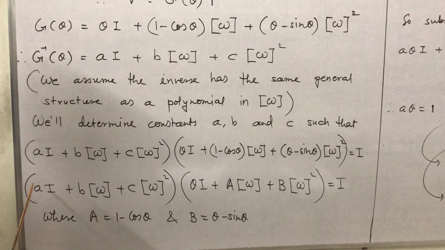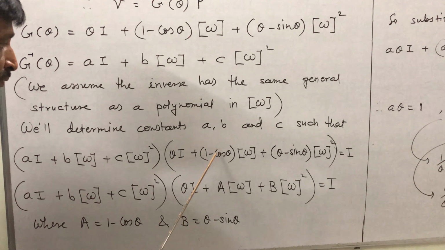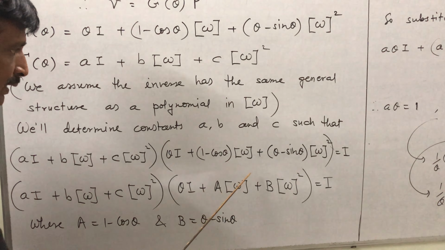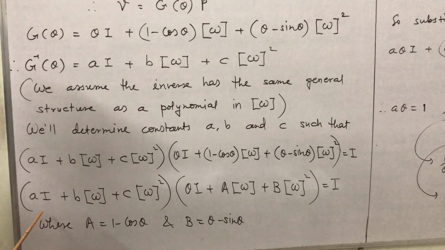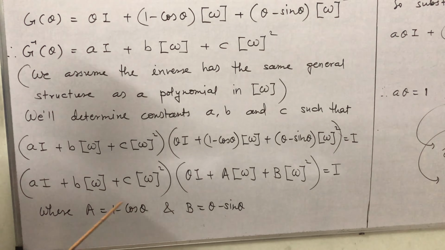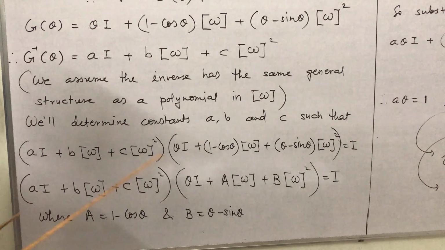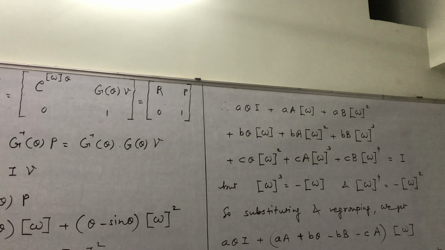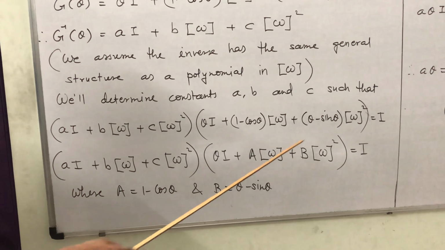Now multiplying the terms a I, b omega, c omega square by theta I, suppose 1 minus cos theta is capital A and theta minus sin theta is capital B. Okay, so multiplying these two matrices, here a theta I, then b A omega, then a into B omega square.